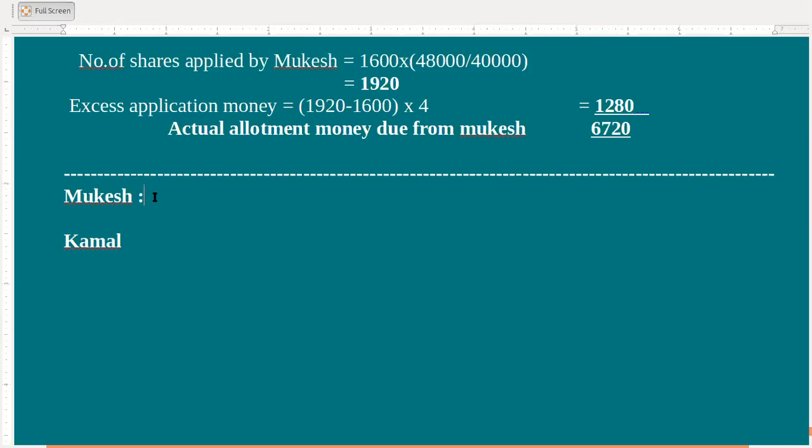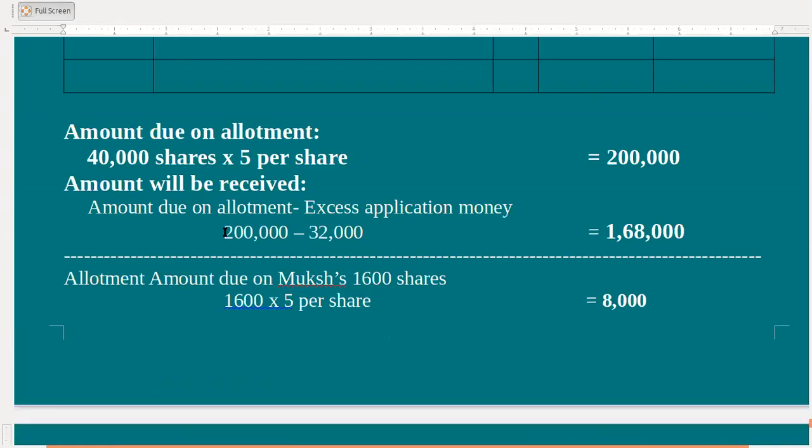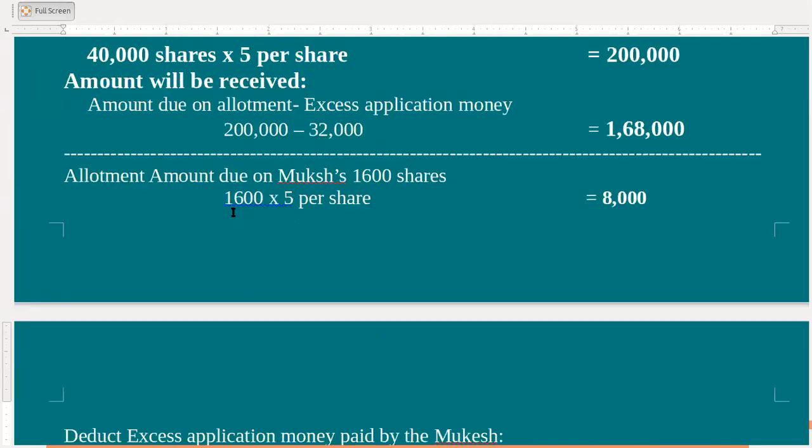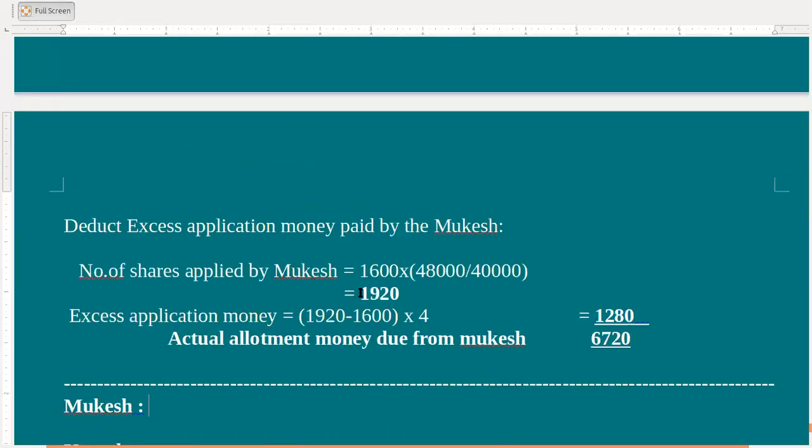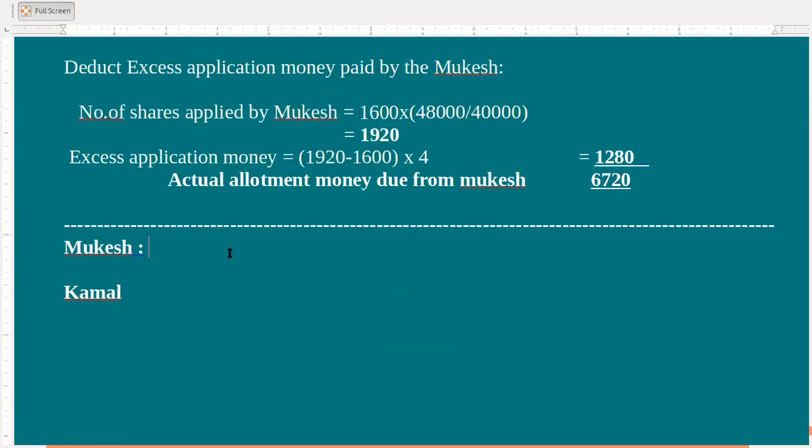What is the amount already paid by Mukesh? Mukesh applied for 1920 shares. So 1920 into what is the payment?